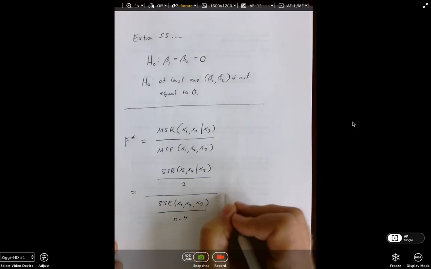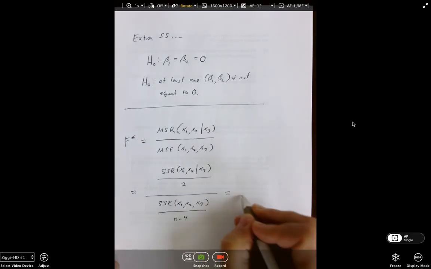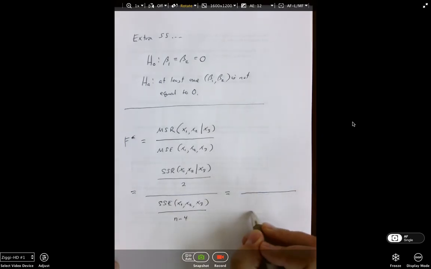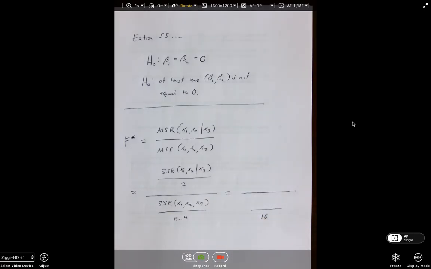All right, so let's go get that. We have a data set of 20, so that's going to be obvious.